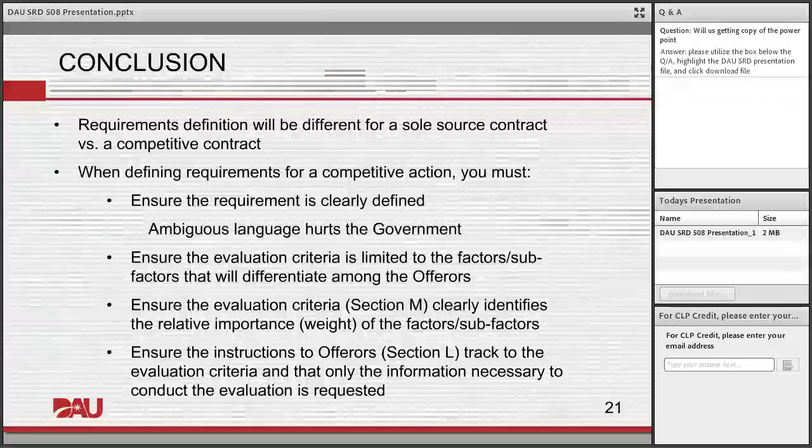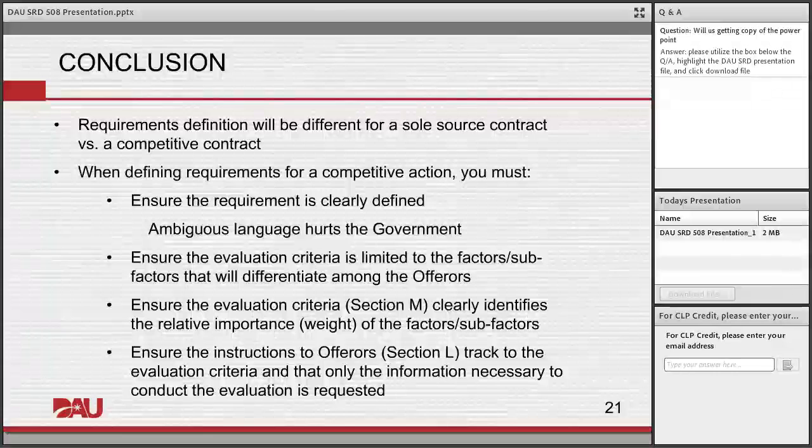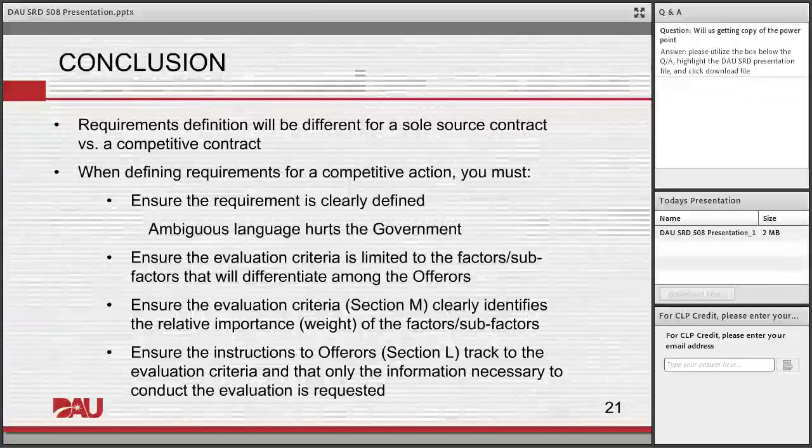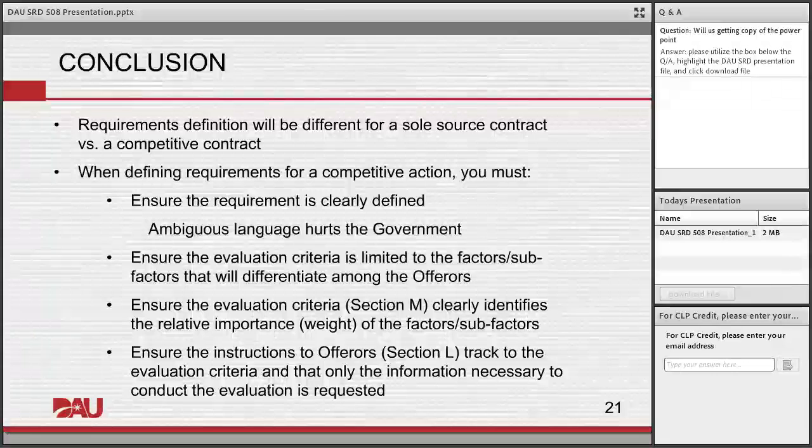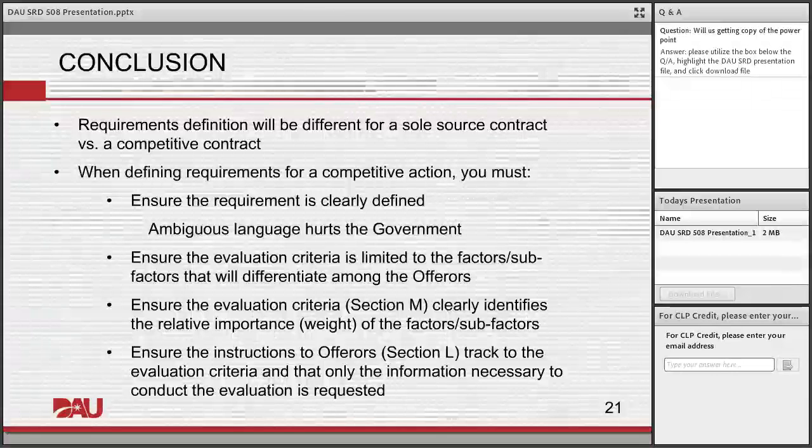But again, it is for very straightforward, very non-complex services. Let me give you an instance of a service where you could use LPTA. Let's say roofing a building. I can give you the square foot coverage, or square yard, or however they measure it. I can give you the pitch of the roof.